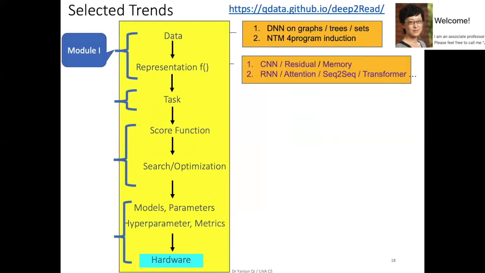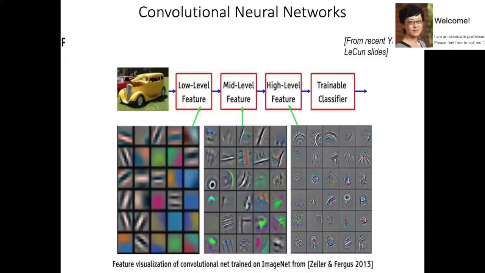So the most classic representation of modules, blocks, are convolution nets, right? That's for 2D imaging. And then attention or self-attention based models, or the previous recurrent neural networks, are also very classic. So I will just quickly go over them.